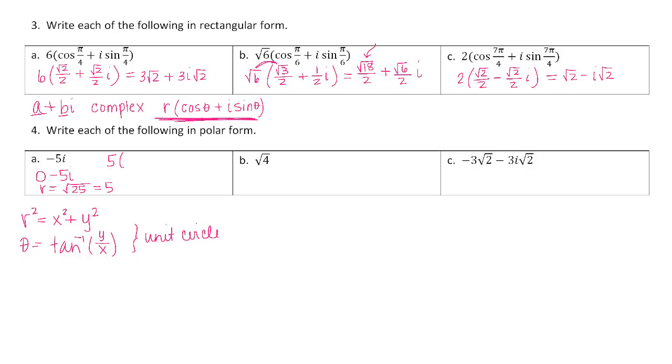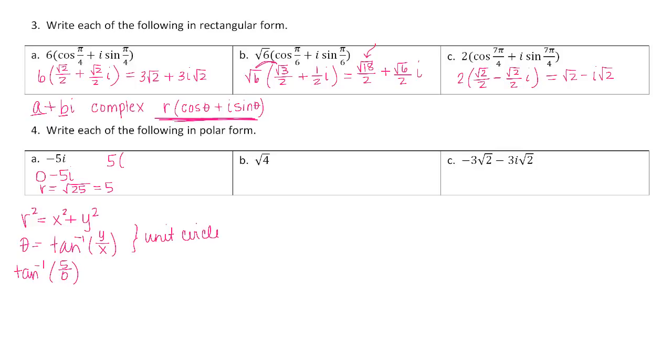Well, cosine of what angle? So we have to go back and think about the angle in question, which is going to be inverse tangent. So I have inverse tangent of 5 over 0. Well, 5 over 0 is undefined.